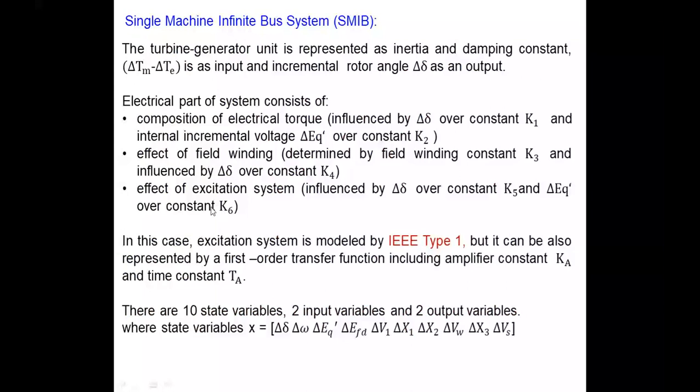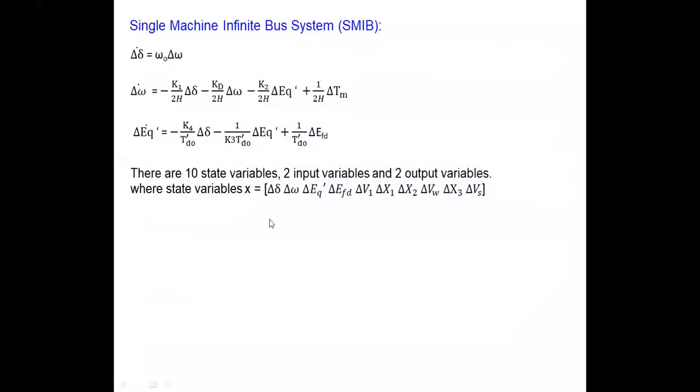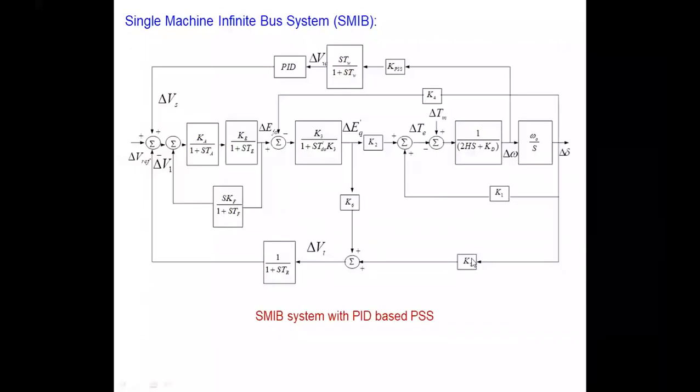Then you have the excitation system influenced by del delta with constant k5 and del eq prime with constant k6. So if you refer here, you have k5 del delta, k6 del eq prime. This is del vt, and then with the transducer, it will all go to the excitation system here. So this excitation system will have the signal out through the transducer, which is actually del Vt, which is K6 times del eq prime and K5 times del delta here.